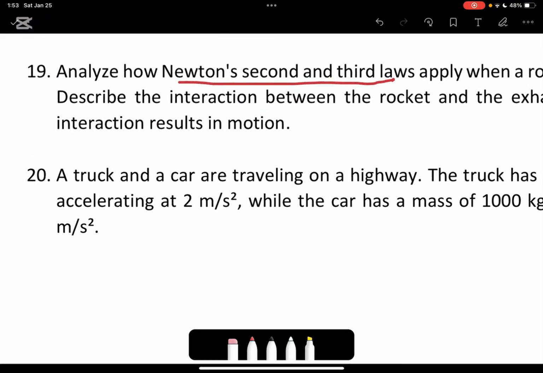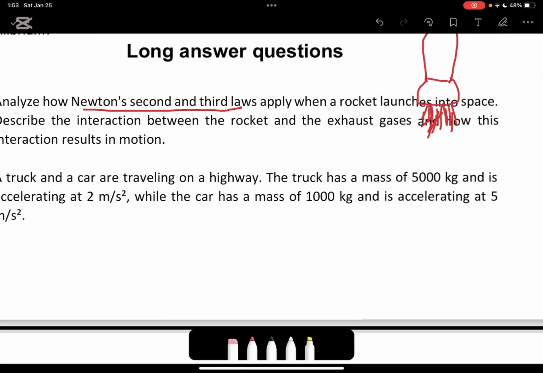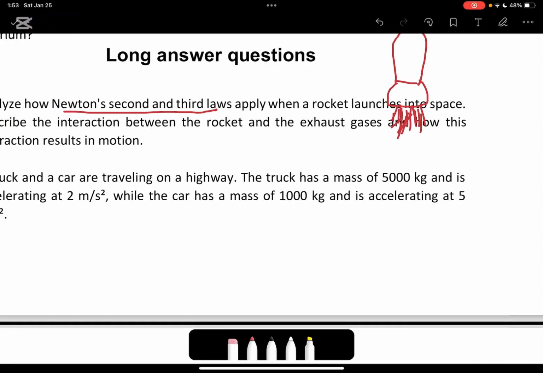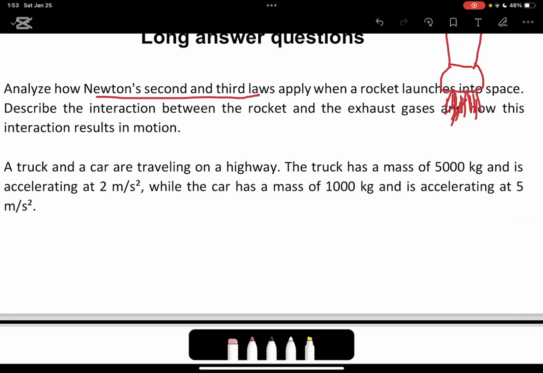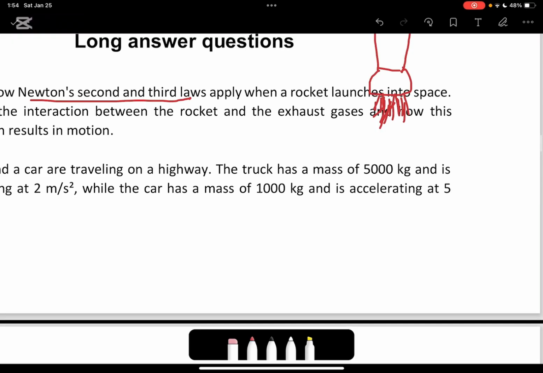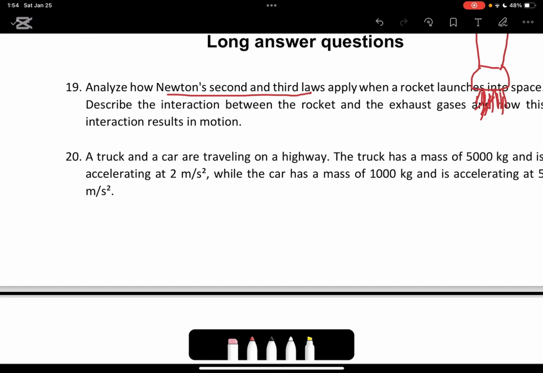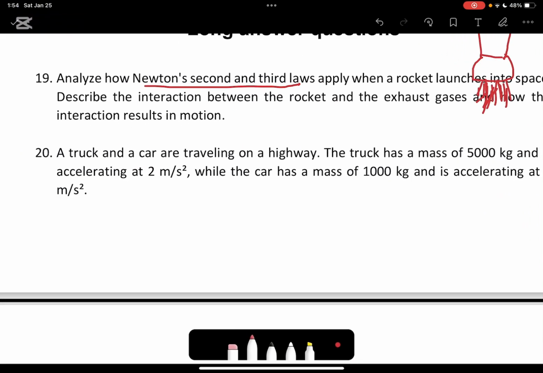For number 20, imagine a truck and a car are traveling on a highway. The truck has a mass of 5,000 kilograms and is accelerating at 2 meters per second squared, while the car has a mass of 1,000 kilograms and is accelerating at 5 meters per second squared.